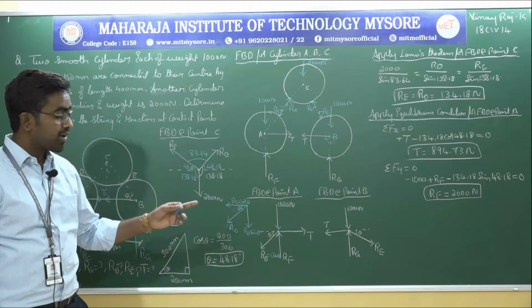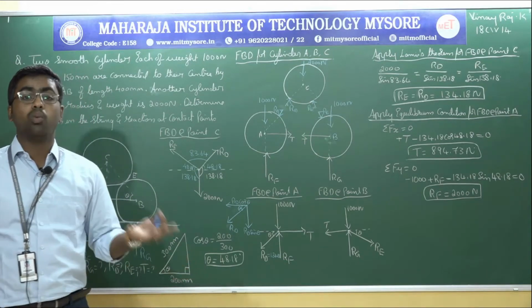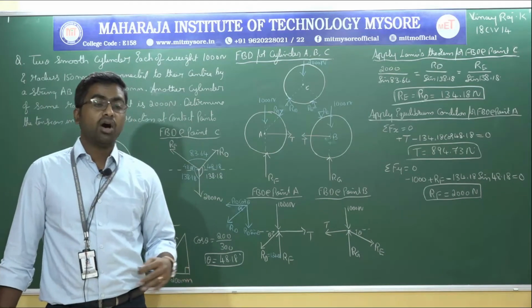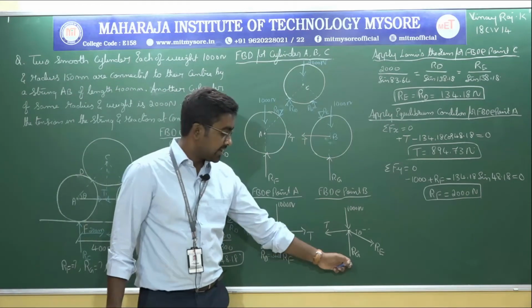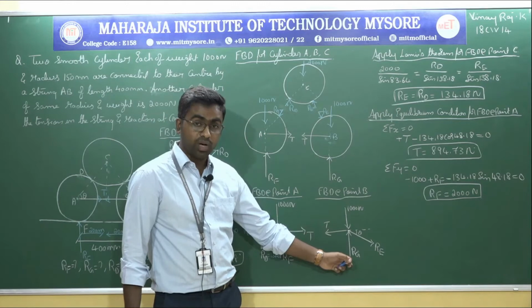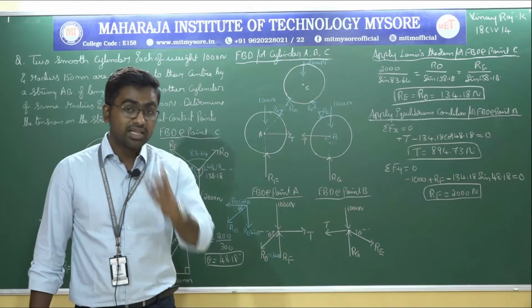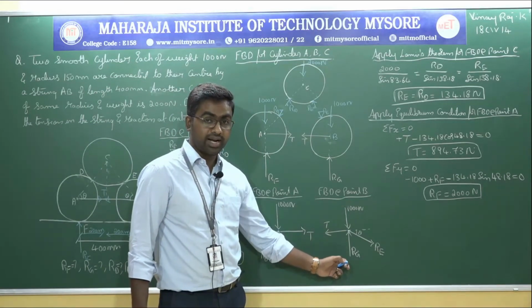So now I need to apply one equilibrium condition. You can go for summation of Fx or summation of Fy. But because the unknown is vertical, you have to go for summation of Fy is equal to 0. Then only you can find the vertical unknown, right?